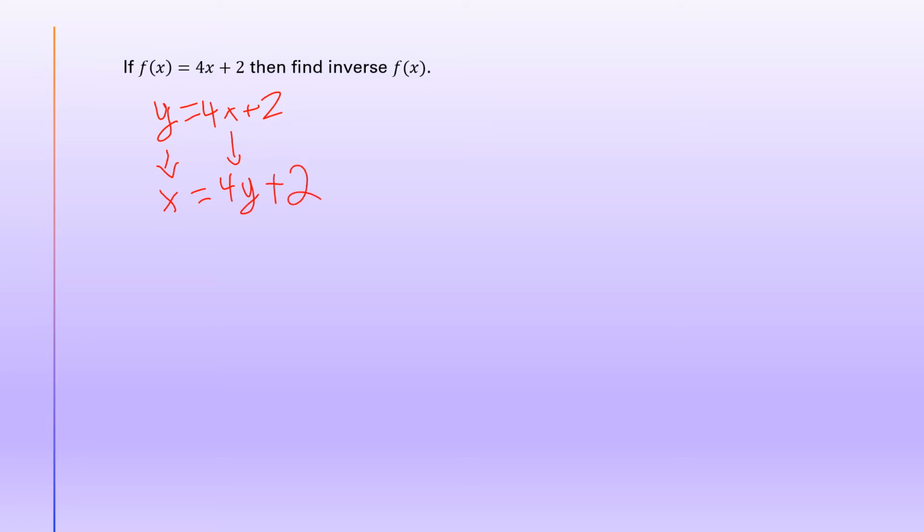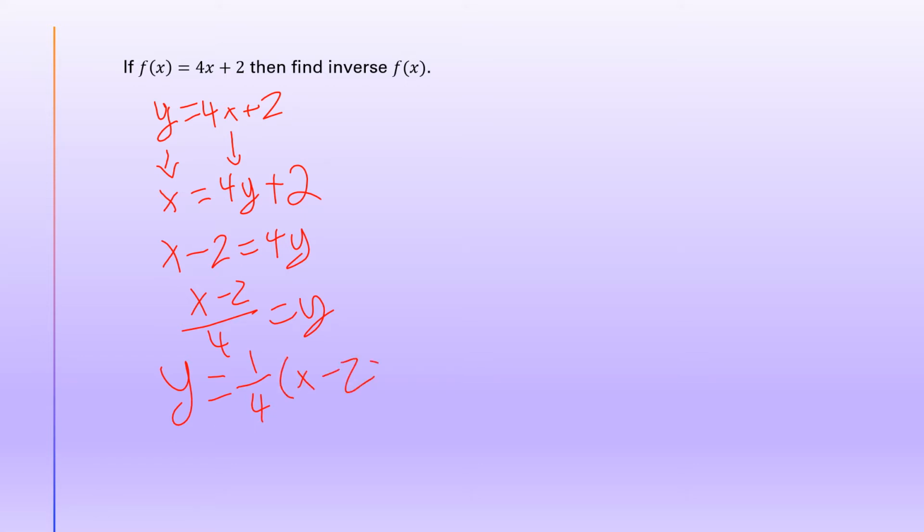And then we rearrange, so x minus 2 equals 4y. X minus 2 over 4 equals y. So the inverse of f of x, f inverse of x, equals 1 over 4 times x minus 2.